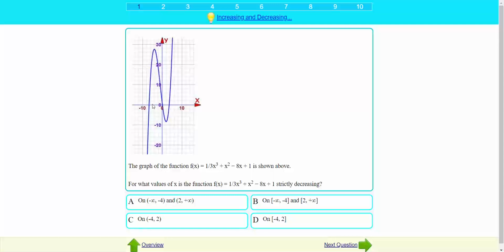Strictly decreasing, right? We've got like two parts. Is this -4? Okay.